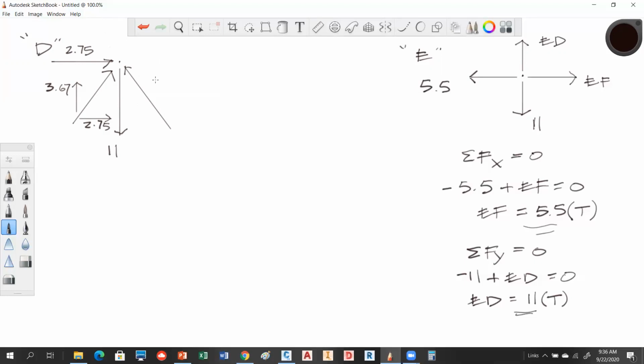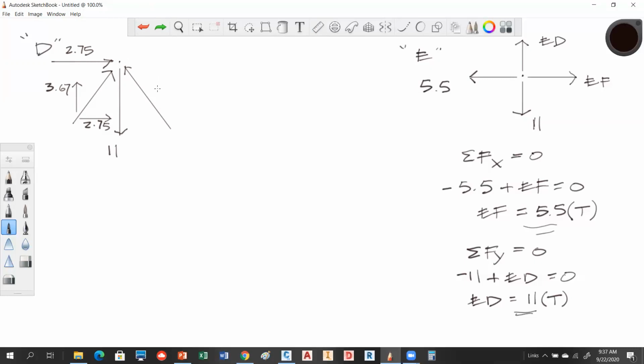The other thing that's important too is if we notice that minus that, I'm going to have more pulling down on this. So one has to be going up and one has to be going like that. If that's not true, then something's wrong. Okay? You guys see that? Again, if you choose to make this tension, it's not a big deal.